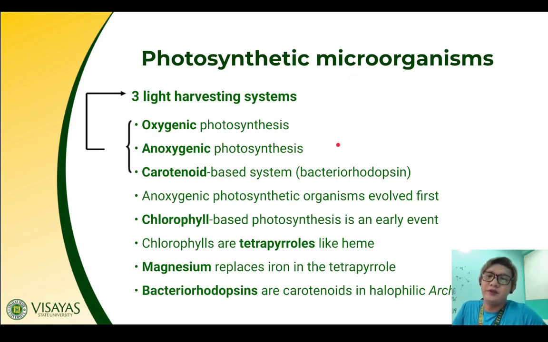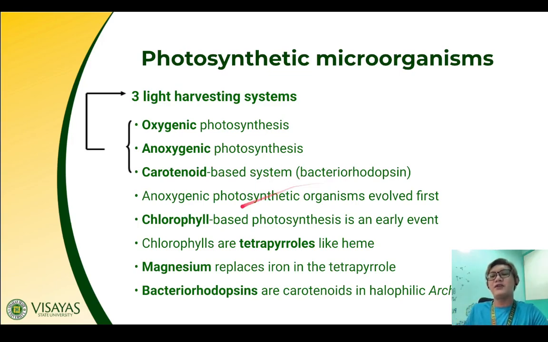So in photosynthetic microorganisms, there are three types of light harvesting systems. So basic types of photosynthesis include oxygenic photosynthesis, anoxygenic photosynthesis, and carotenoid-based system that is using bacterial rhodopsin.